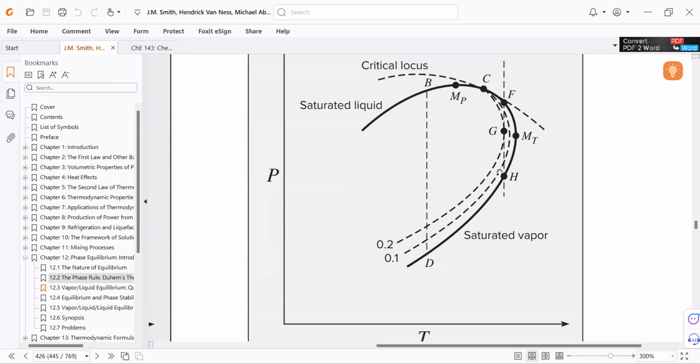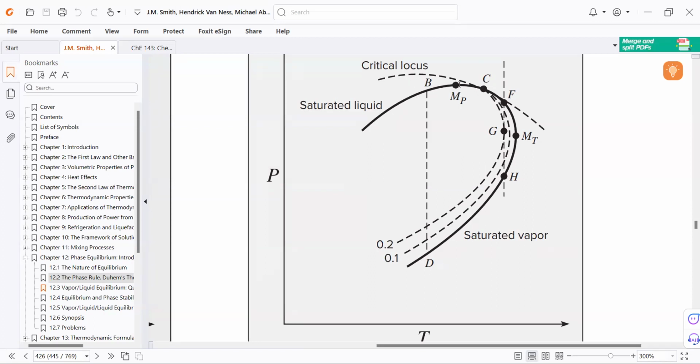It represents a mixture. On the left of the critical point, we have the saturated liquid line, and on the right of the critical point, we have the saturated vapor line.